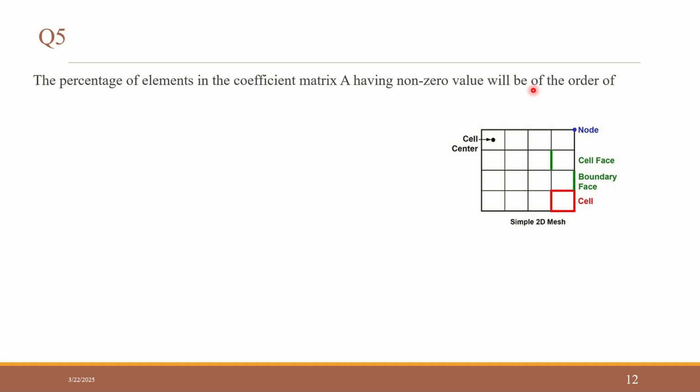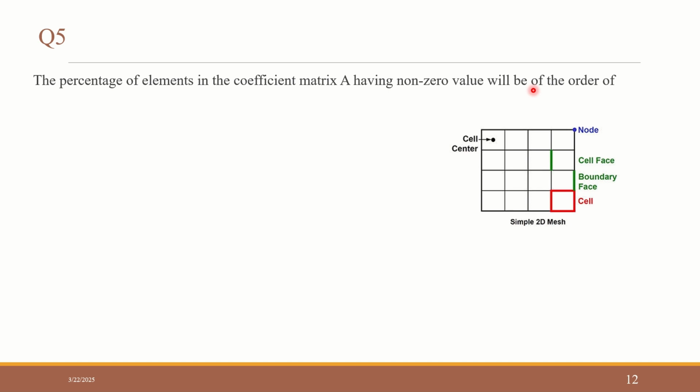So here x is of the order of 551 cross 1, a column vector, and A is a square matrix of the order number of equations into number of equations. So it is 551 cross 551.